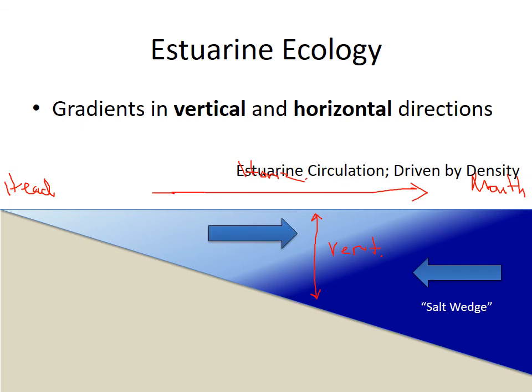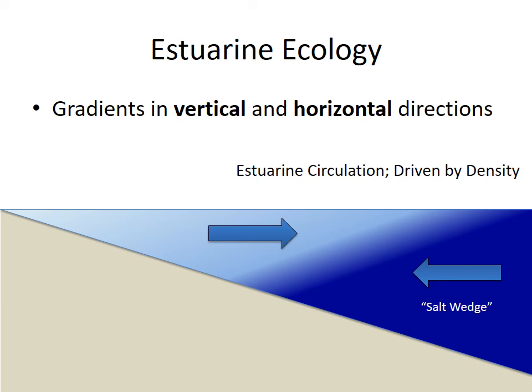And so there's actually a movement of water associated with this layering, because the tendency for the fresh water to spread across the surface due to its lower density and the salt water to fill in along the bottom due to its greater density leads to this overall bidirectional flow.